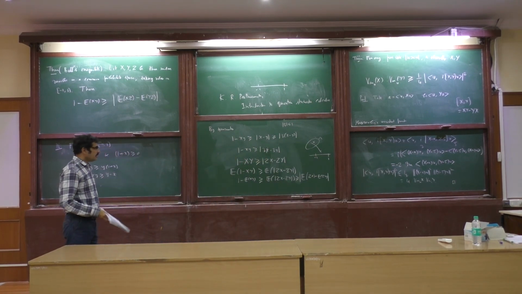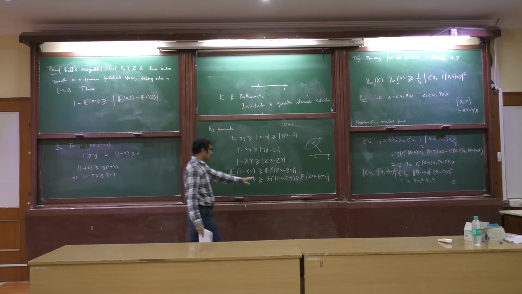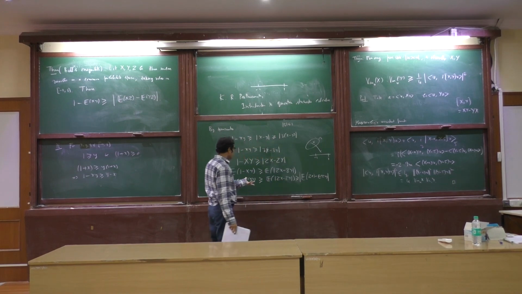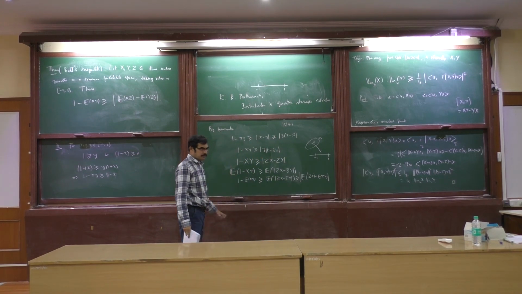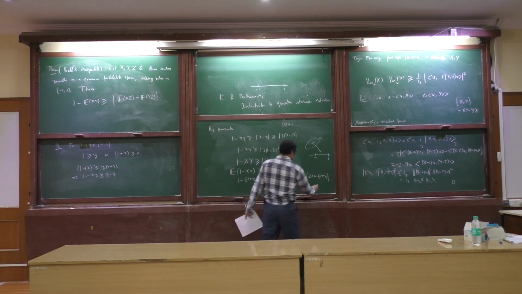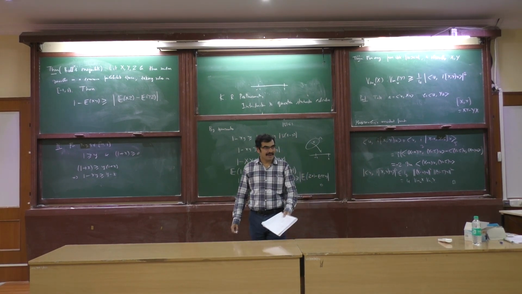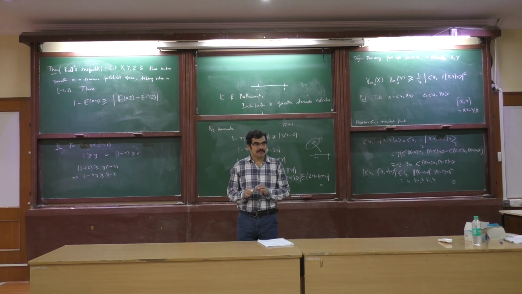That is always true: the expectation of the modulus of x is greater than or equal to the modulus of the expectation of x. So this is true. So that's all. It completes the proof. I will give it to my students. Very, very nice, simple thing.